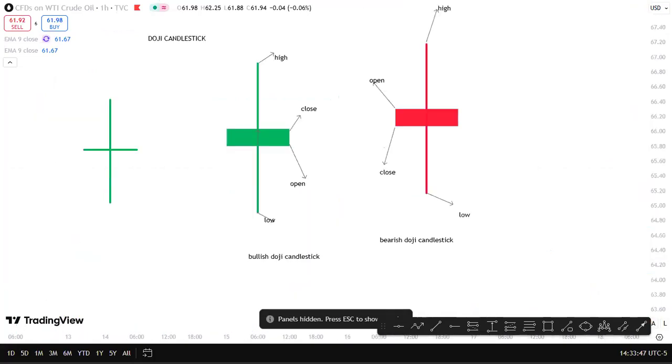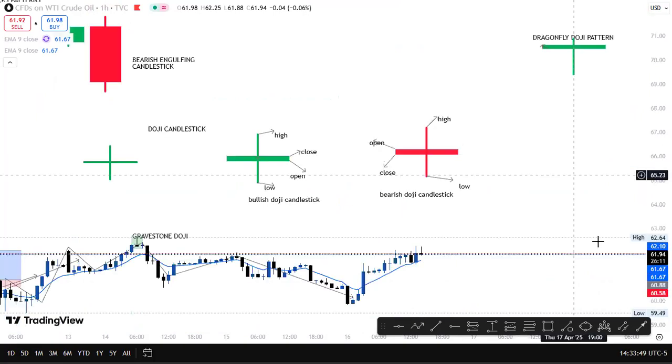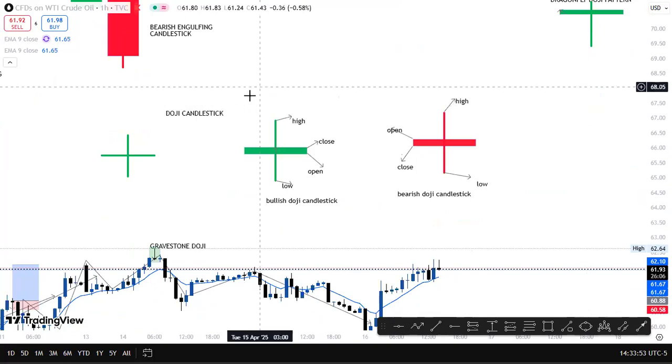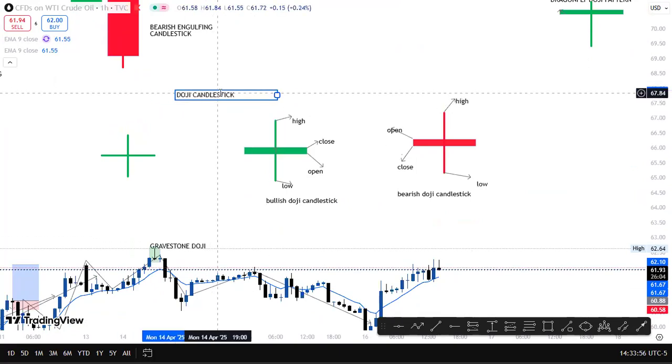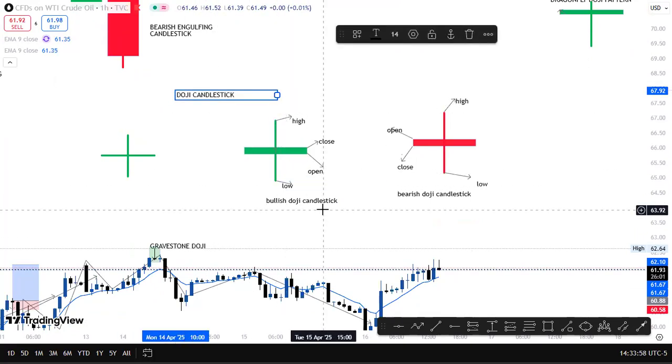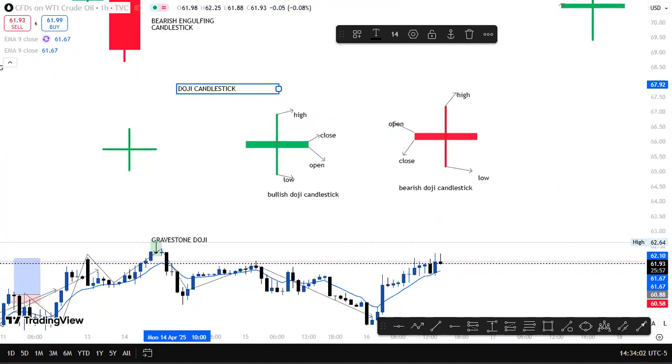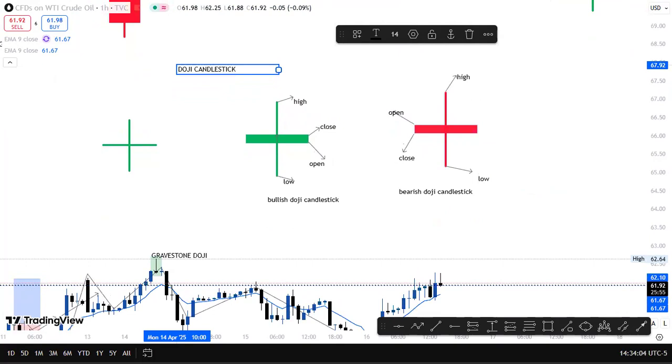We started from the doji candle, where we talked about the bullish doji candle and the bearish doji candlestick. And I told you that every candlestick must have a high, a low, an open, and a close price.